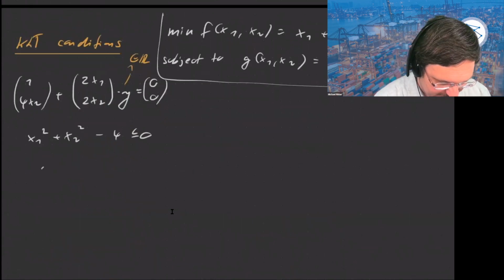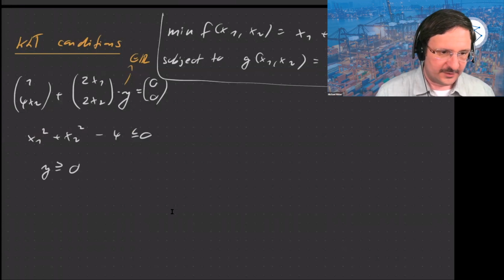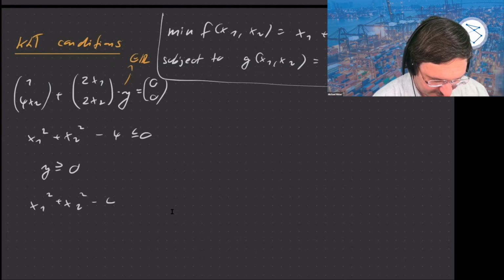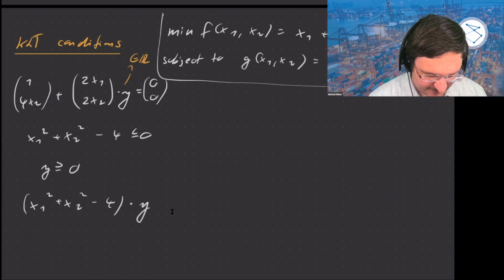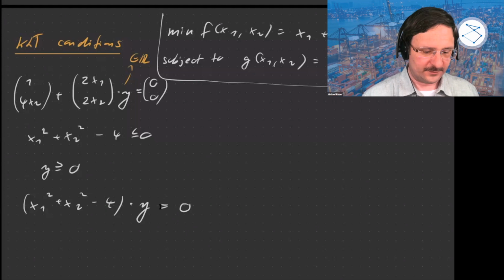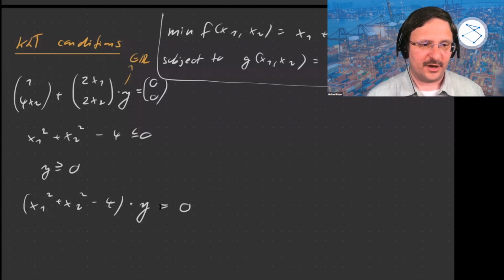Non-negativity is easy, just y greater or equal to 0. And for the complementarity conditions, we have x1 squared plus x2 squared minus 4, this is the g, times the multiplier y is 0. So those are the KKT conditions for this optimization problem.